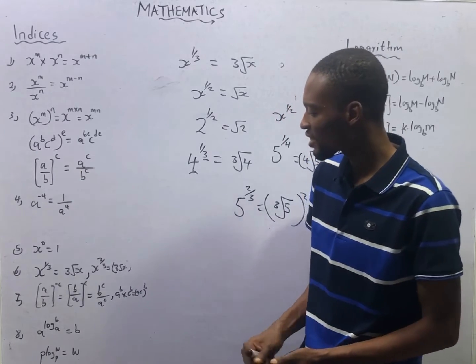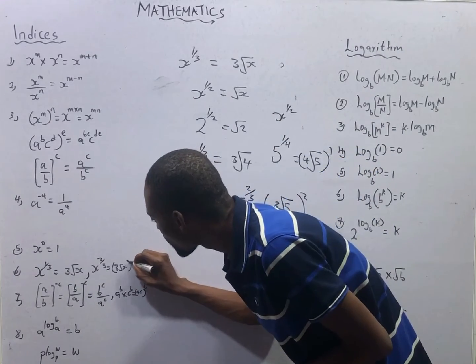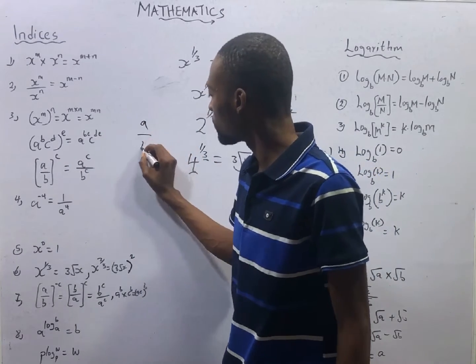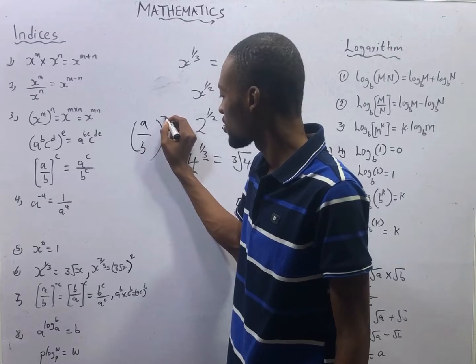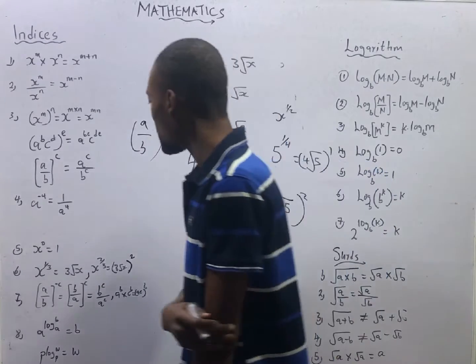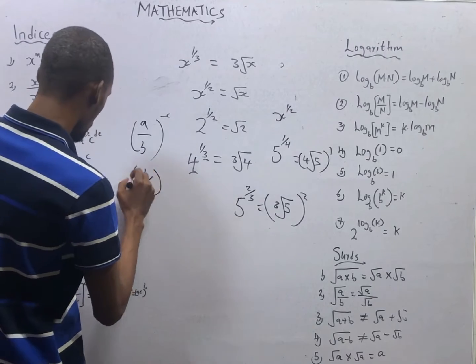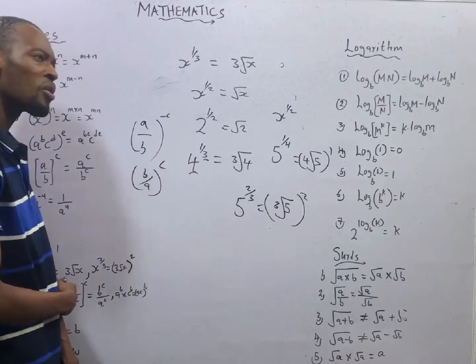Indices also says that when you have a over b raised to the power of minus c, this is the same thing as b over a raised to the power of c. Do you know why?